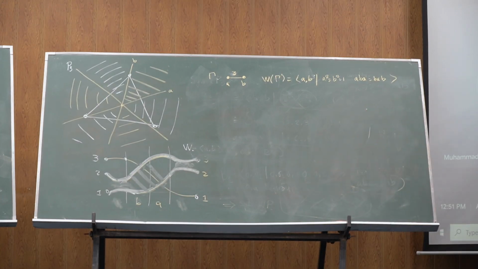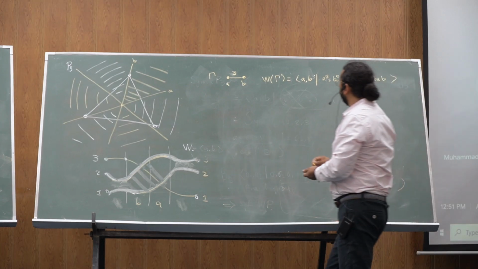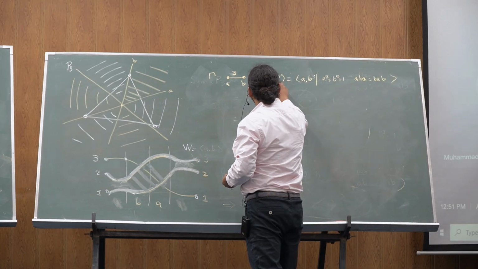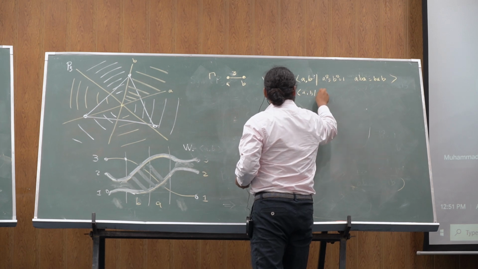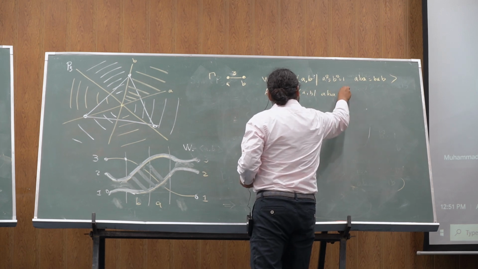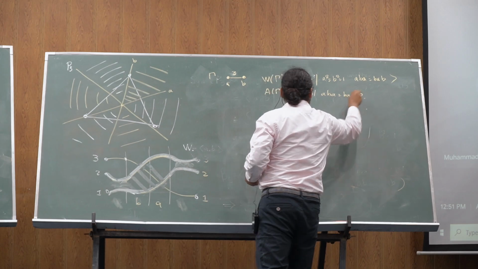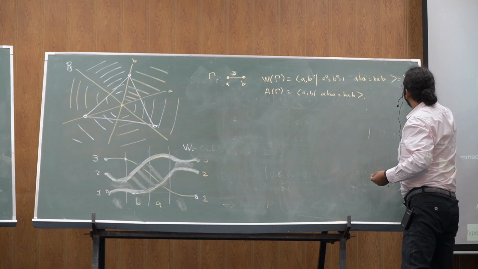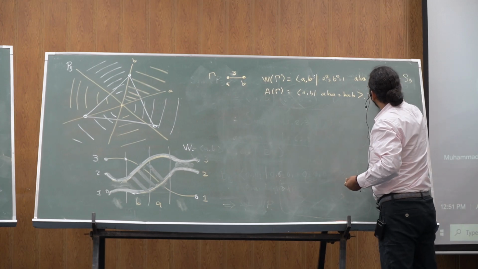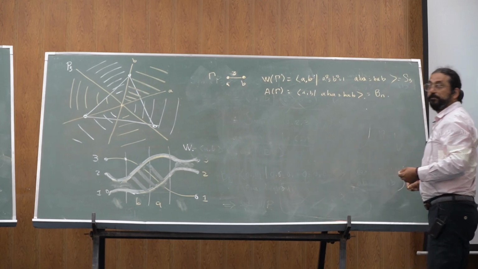It's okay, no? And when we pass to the Artin group, it will be just ABA equals BAB. So in this case, we have S3, and here we have B_n.